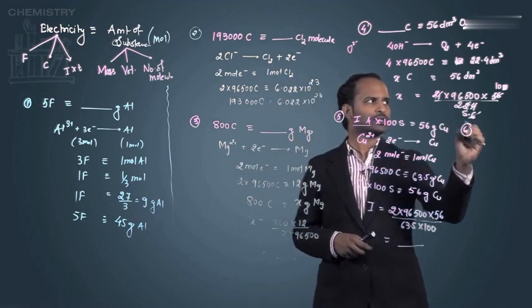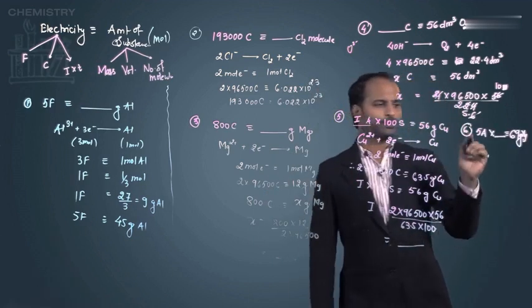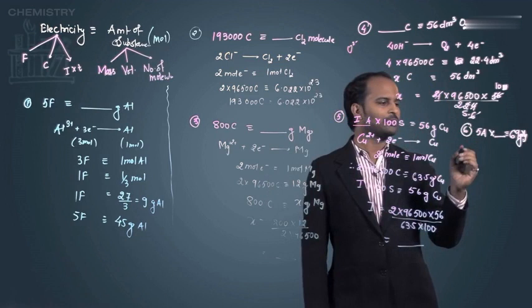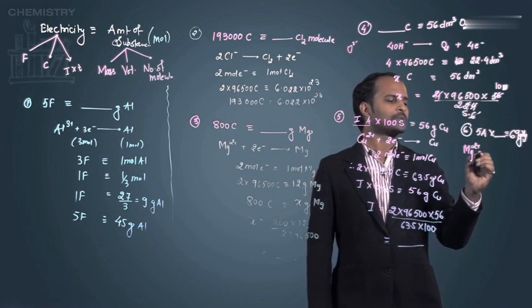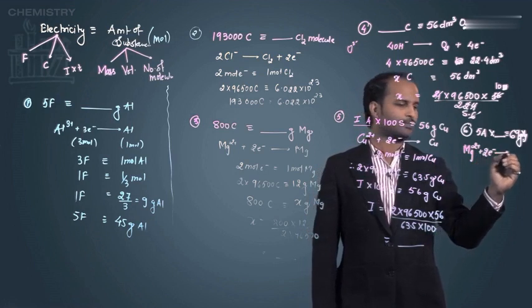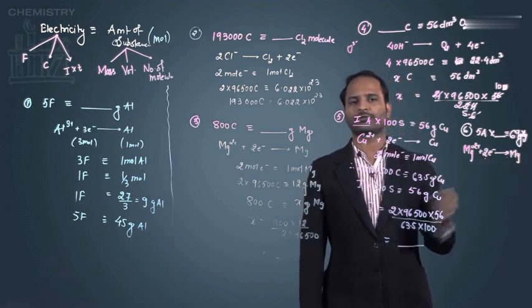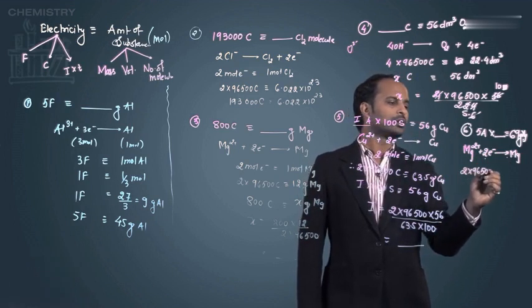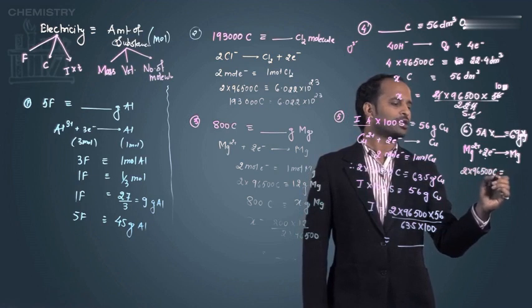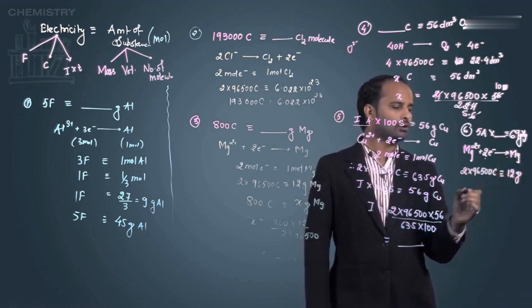Then question number 6. 69 grams of magnesium is deposited. Again the same thing: Mg2+ plus 2 electrons gives magnesium. That is 2 moles of electrons form 1 mole of magnesium, so 2 into 96,500 coulombs. Whenever the I and t concept is used, you have to consider coulombs. 12 grams of magnesium is 1 mole.